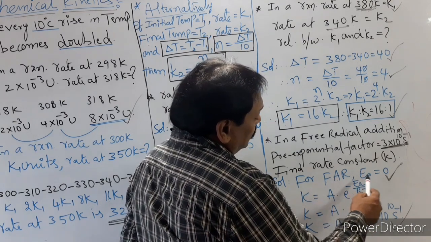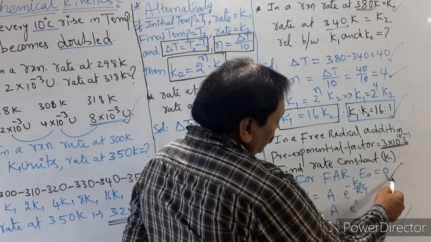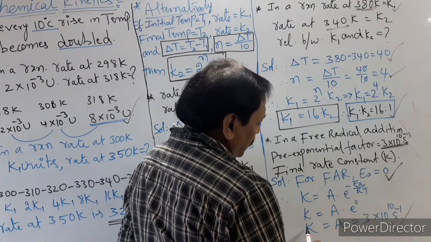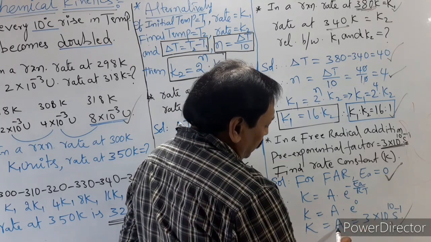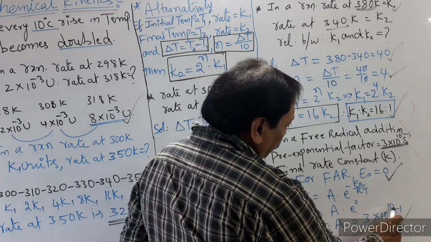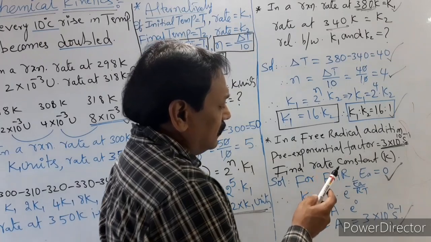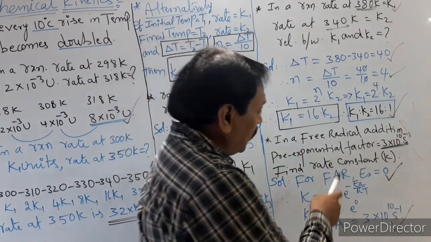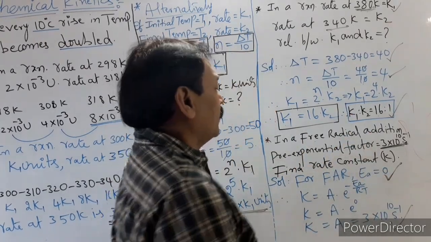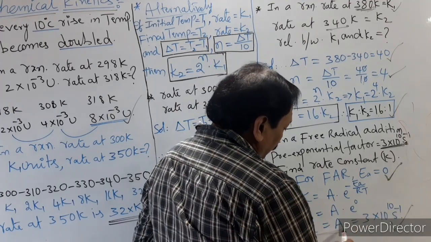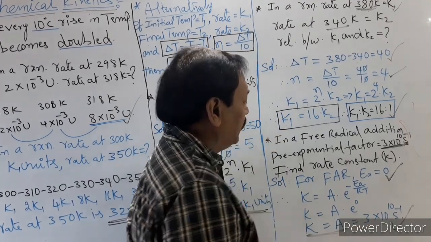For free radical additions, activation energy equal to 0. Therefore, K equal to A into e power 0, that is K is equal to A, which is 3 into 10 power 10 second inverse. In such types of reactions, the rate constant becomes equal to the pre-exponential factor.